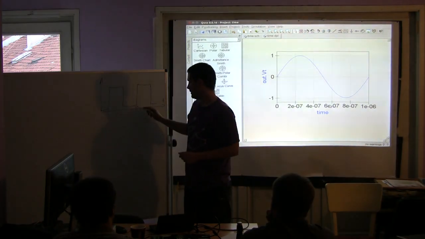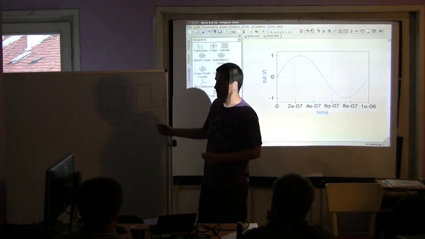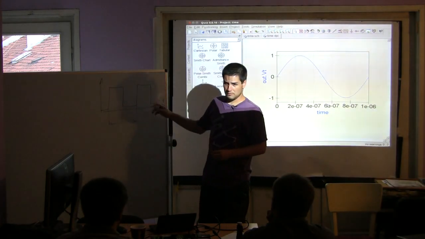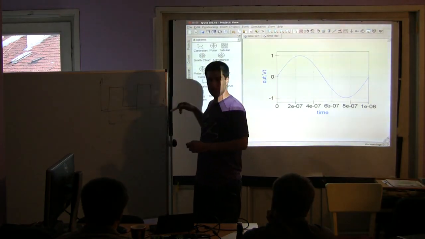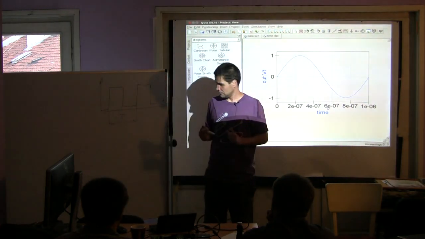The period of this signal is T, but if you look at the frequency domain of this periodic signal, it's also periodic, but it's not sinusoidal.